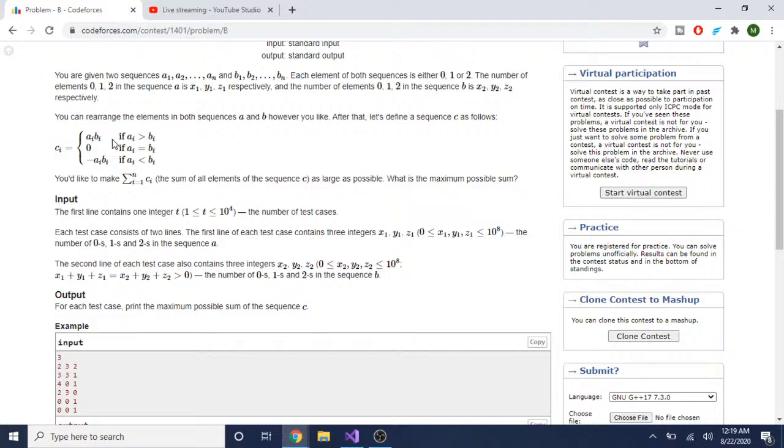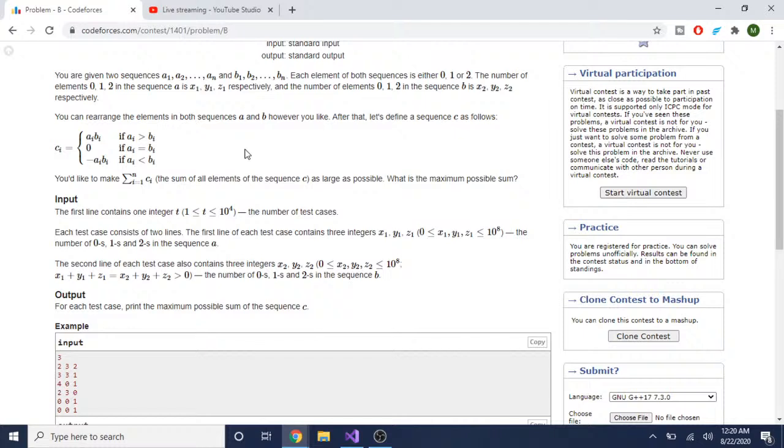Fill all the values in A with 2s until we have no more, and then... no, you don't want to fill it with 1s. You want to fill the values of A with all 2s, then B with all 1s, right? Then you can multiply them, so that would make this positive, A of i times B of i.